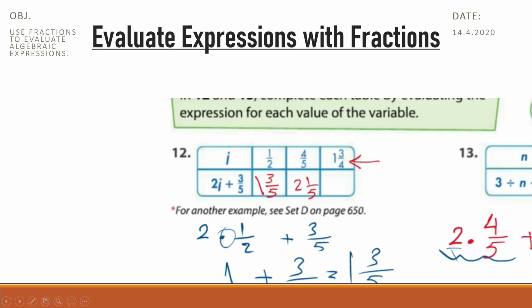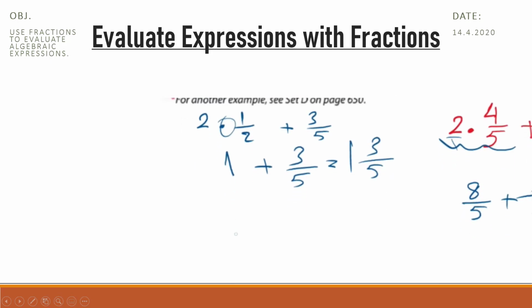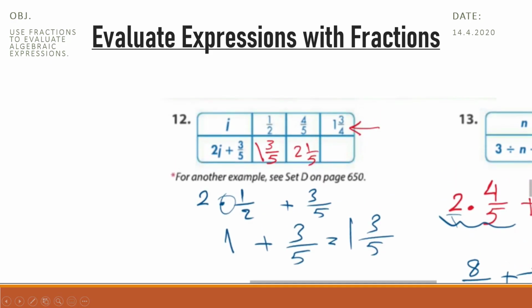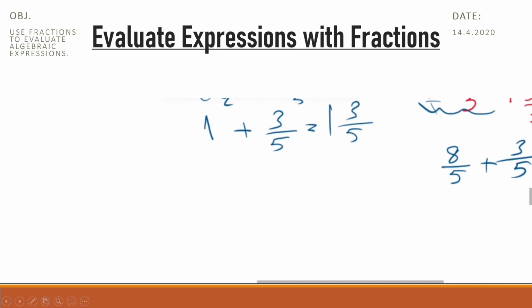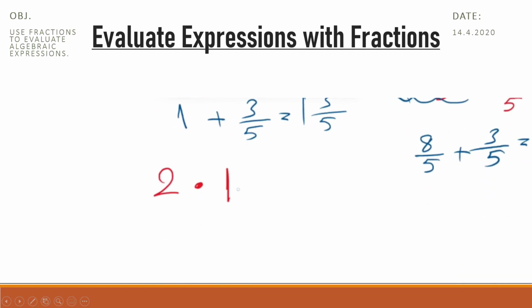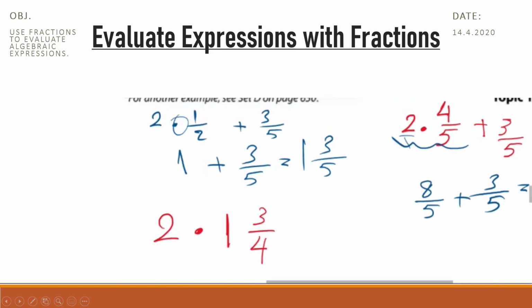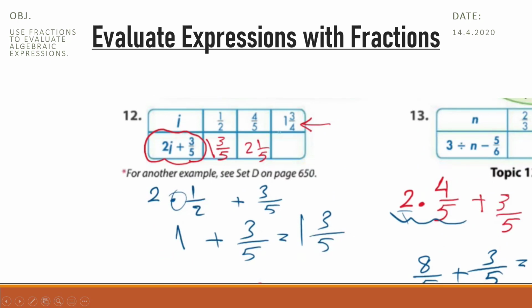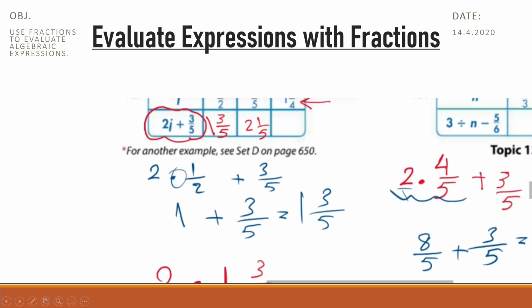Okay, now let's see 1 and 3/4 for the value of j. We have, it's 2 multiply j plus 3/5. So 2 multiply the value of j, we say that it's 1 and 3/4 plus, yes, plus 3/5.